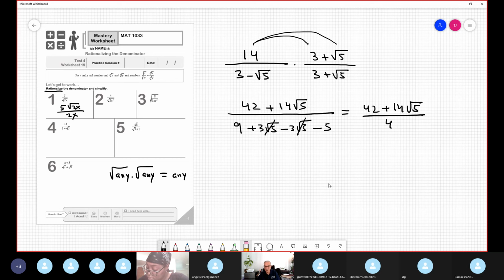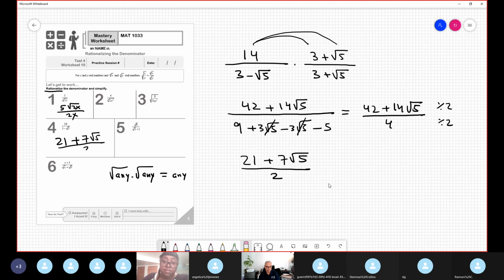No. Well, you can reduce a little bit if you divide the entire expression by 2, because I saw that the coefficients are even. So 21 plus 7 radical 5 divided by 2. And we can do no more simplification. Stop. 21 plus 7 radical 5 over 2. That's the only thing we can do.